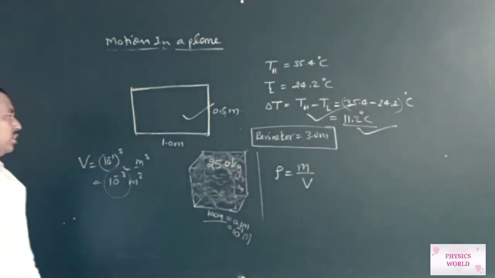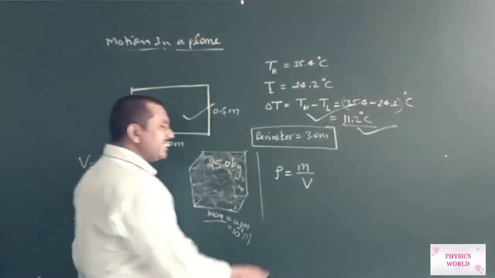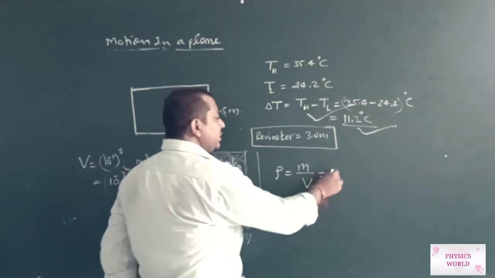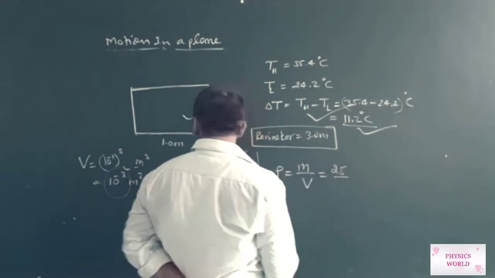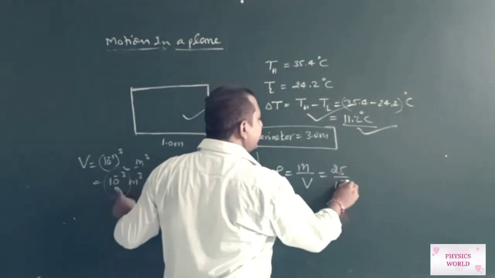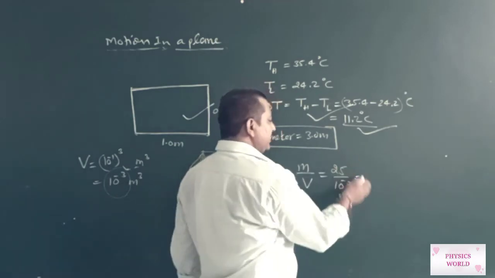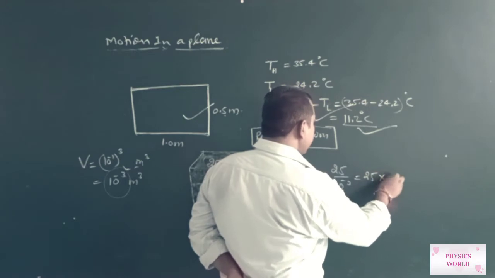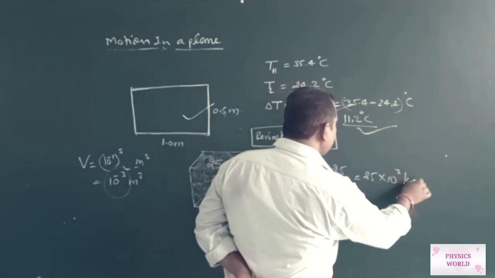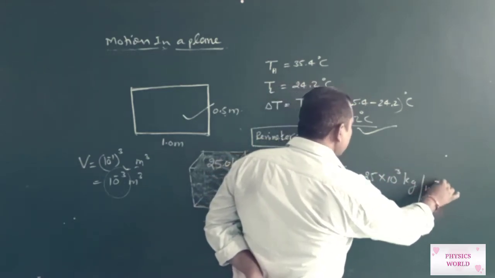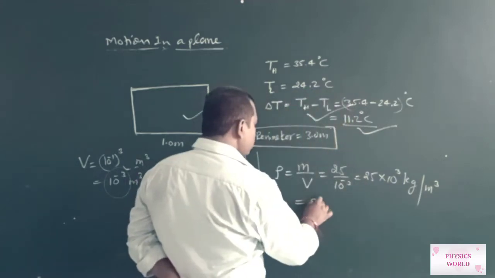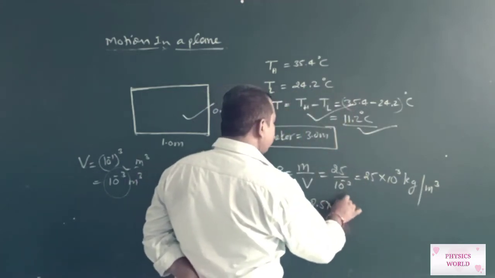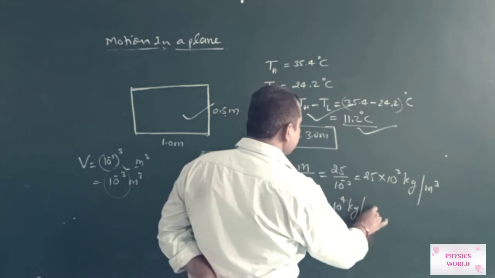What will be the density of this solid cube? That is 25 divided by 10 to the power minus 3, which you can write as 25 into 10 to the power 3 kilogram per meter cube, that is 2.5 into 10 to the power 4 kilogram per meter cube.